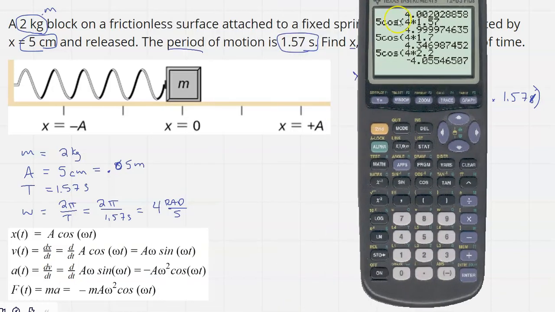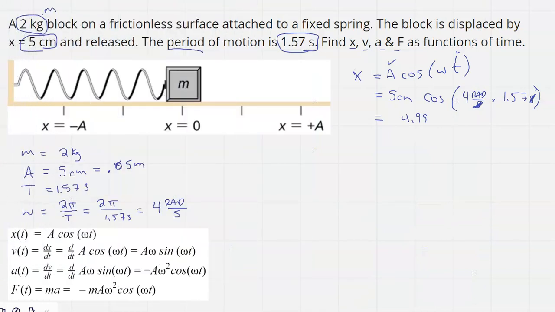So somewhere in between, when I use 1.5 seconds, it's almost here. And then a little bit later on, it's here. And then a good bit later on, it's way over here somewhere. So it's on that path going back and forth, and the time matters because it's constantly changing its position. And this is how you would find it.